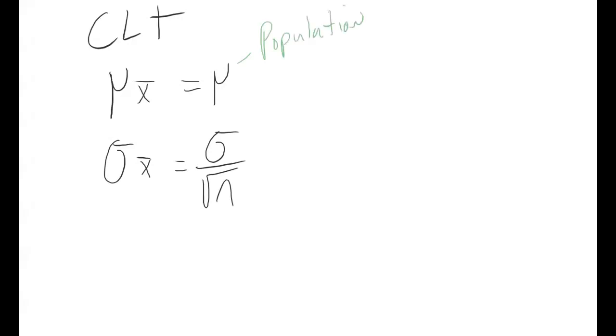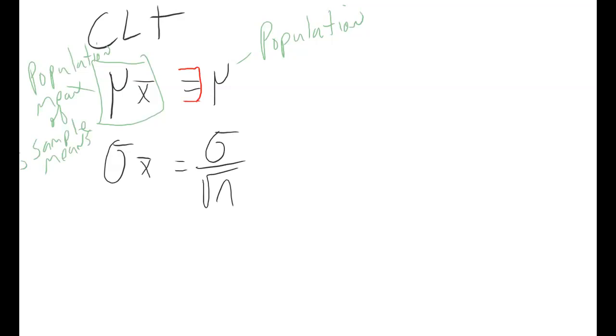This one is the population mean of the sample means. So the two symbols look very similar. The good news is they're equal. So the two figures are the same.